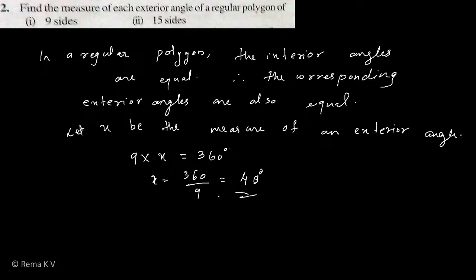Similarly, you can do the second one. Since it is given that the polygon is a regular polygon, all the sides and all the angles are equal. That is, the interior angles are equal. If the interior angles are equal, their corresponding exterior angles are also equal.